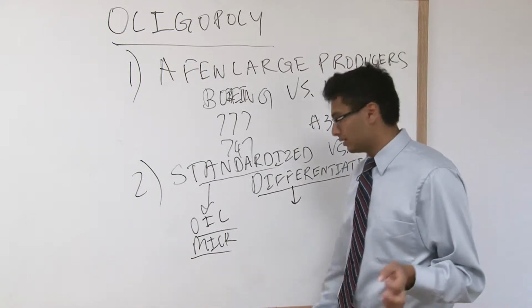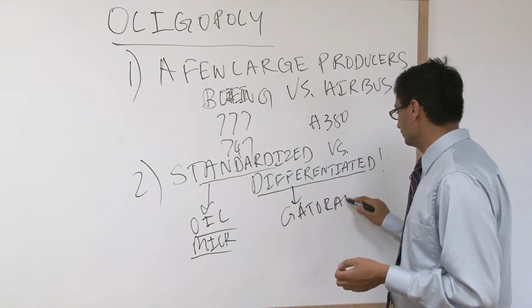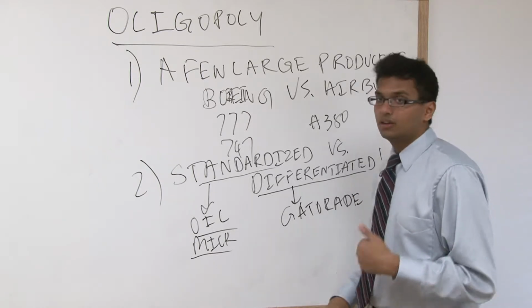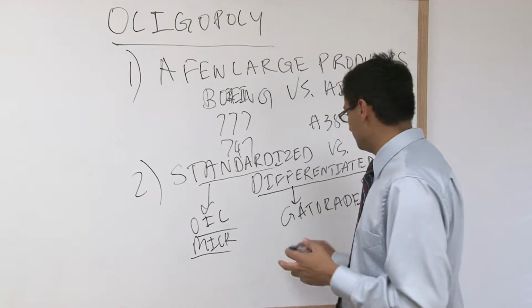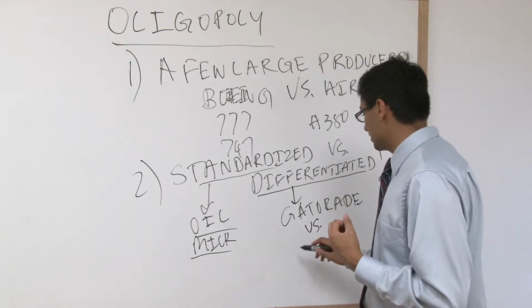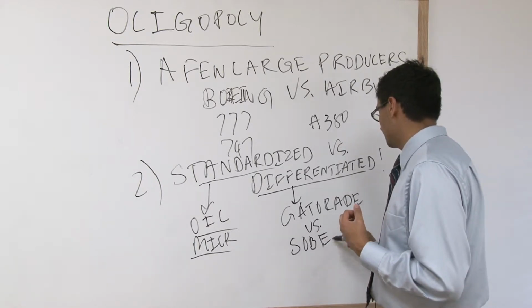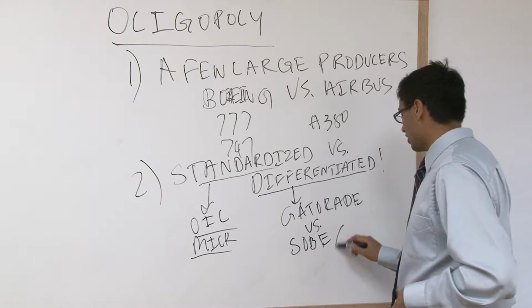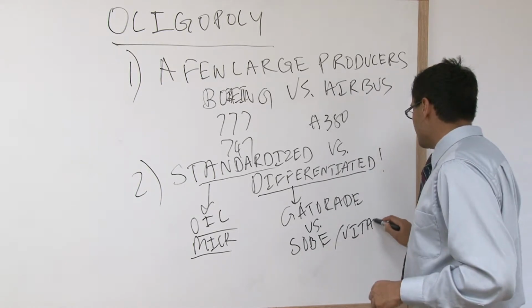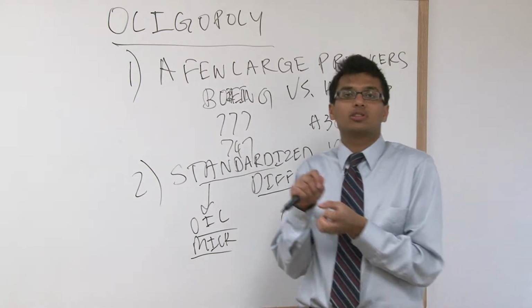Let's talk about a product like Gatorade versus another drink maker. Let's pick maybe Sobe or Life Water, or Vitamin Water, something like that. In beverages, the product is extremely differentiated because people prefer a certain type of taste.